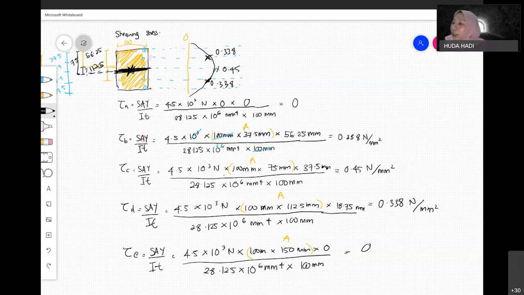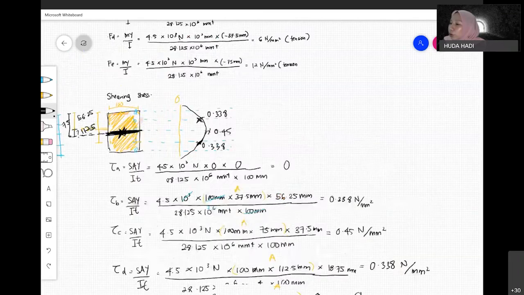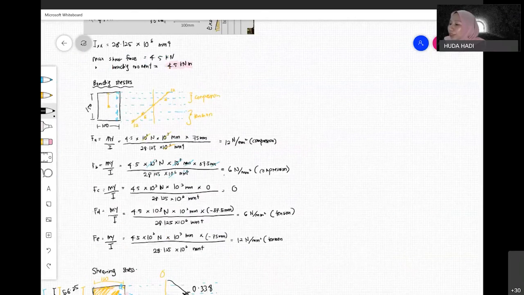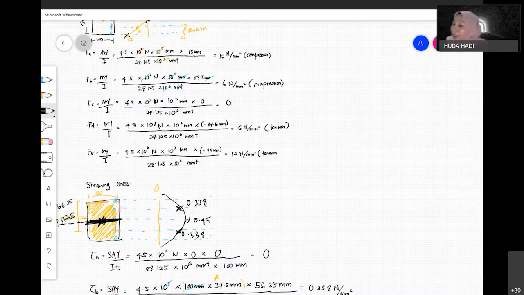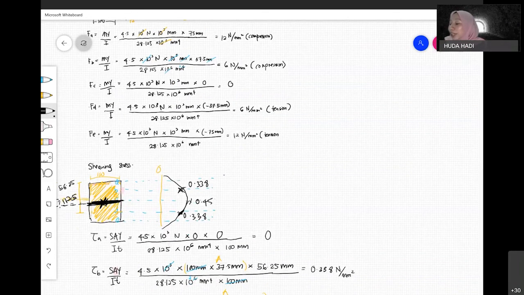Stress paling tinggi duduk dekat situ. And also for bending stress, if you see dekat tengah ni kurang stress. Tapi dekat top and dekat very bottom for bending stress is the highest. So kenapa dia buat all this test? Bukan saja-saja sebab dia nak tahu if let's say you buat reinforced concrete punya design beam.